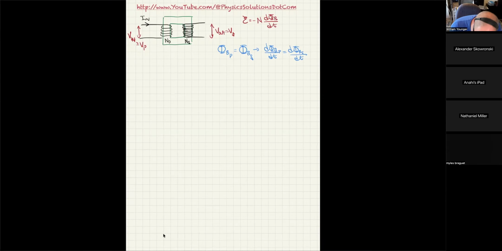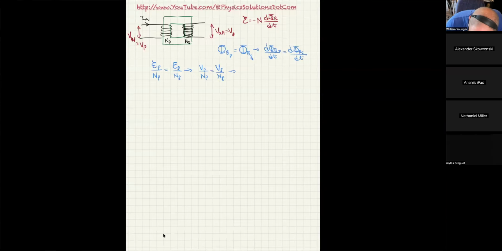So E primary over N primary is equal to E secondary over N secondary. And since we decided to use voltage, I'm going to switch that to V instead of the epsilon looking thing. So V primary over N primary is equal to V secondary over N secondary.